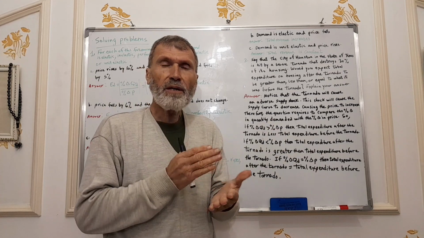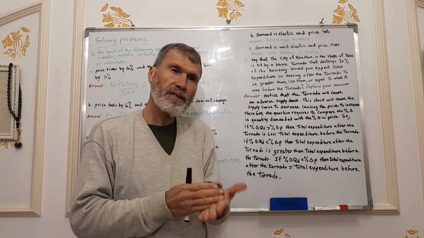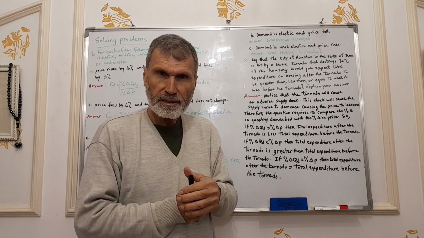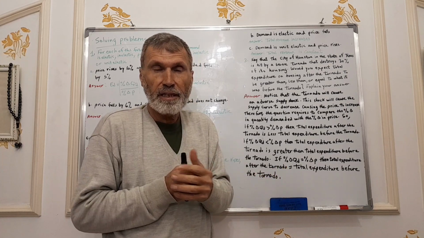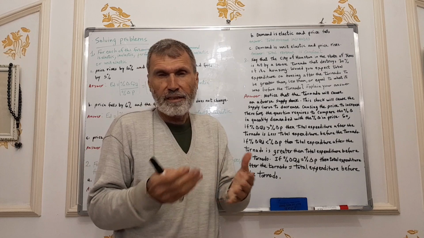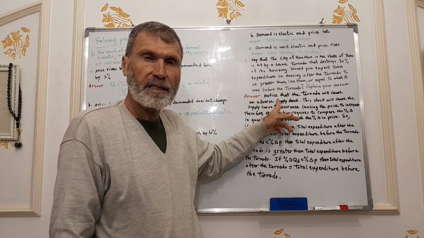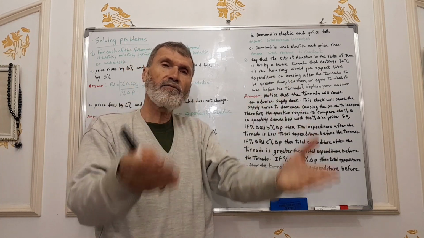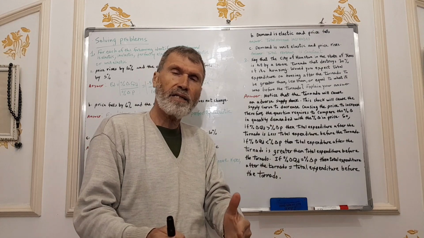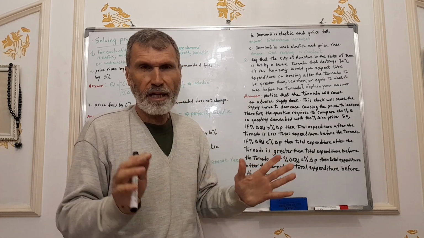If the percentage change in the quantity demanded is greater than the percentage change in the price, which means we have an elastic demand, then, because the price increases and the demand is elastic, total expenditure after the tornado is going to be less than total expenditure before the tornado. Simple as that.